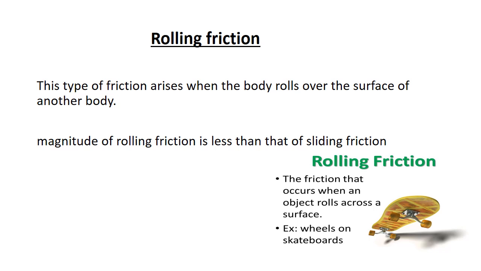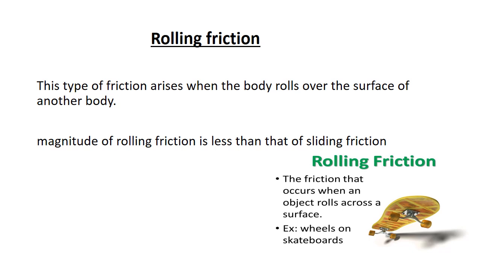The wheels of this vehicle roll over the surface of the road, so at that time the friction that comes into play is known as rolling friction. Here I have taken the example of a skateboard. The wheels of the skateboard are rolling on the ground, and the force of friction that comes into play is known as rolling friction. The magnitude of rolling friction is less than that of sliding friction.